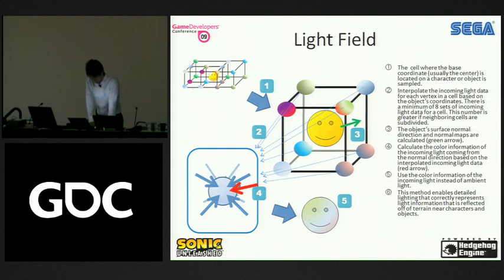Then, how did we use the light field? The cell where the base coordination, usually the center, is located on a character or object is sampled. Then, based on that, we interpolate the incoming light data for each vertex in a cell based on the object's coordination. That's the light blue line. There is a minimum of 8 sets of incoming light data from a cell.